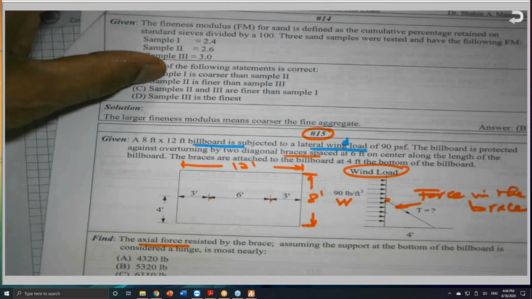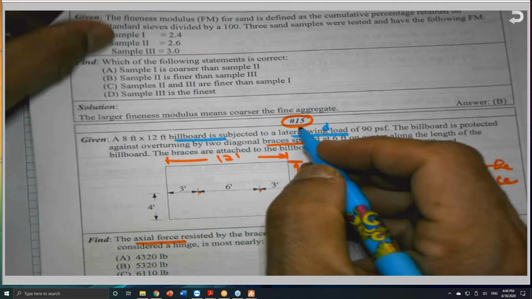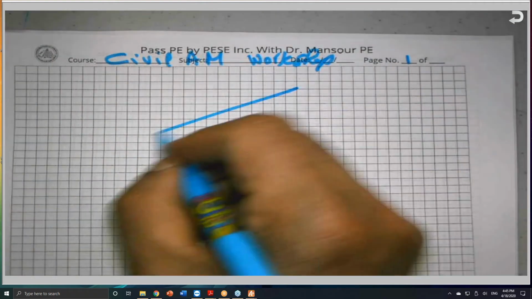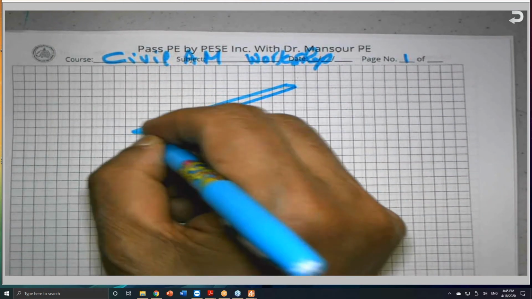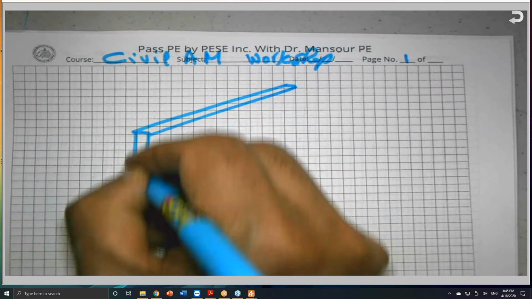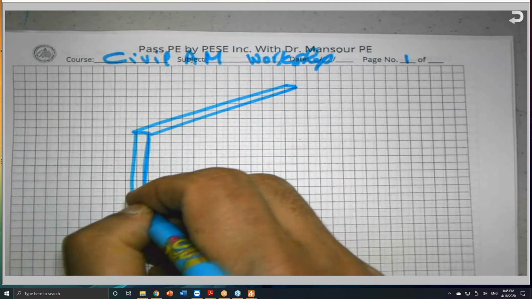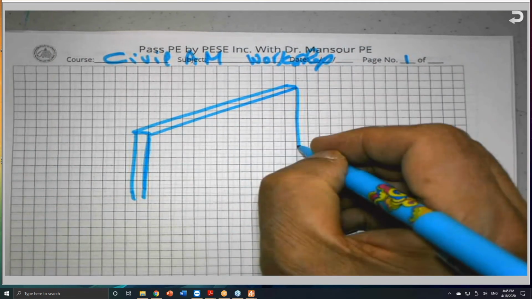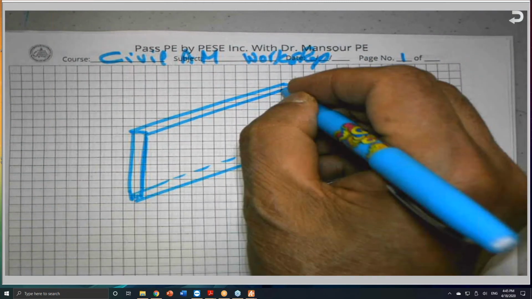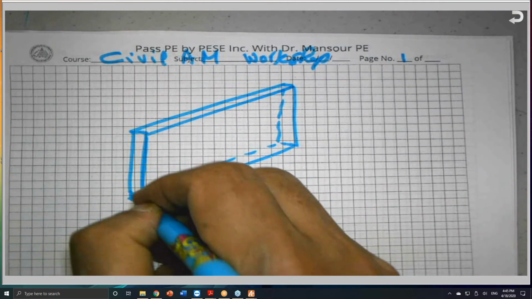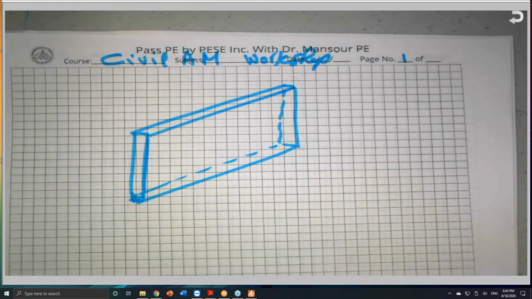So if you take this picture here and try to draw it in 3D, I have a billboard, and there are a couple of braces.